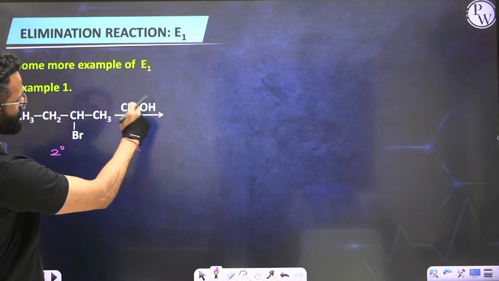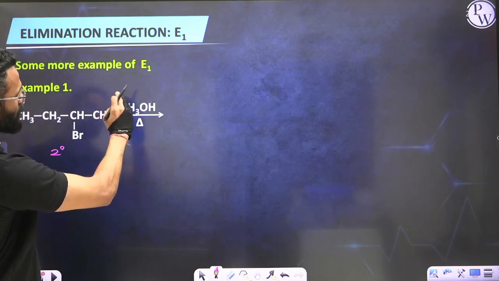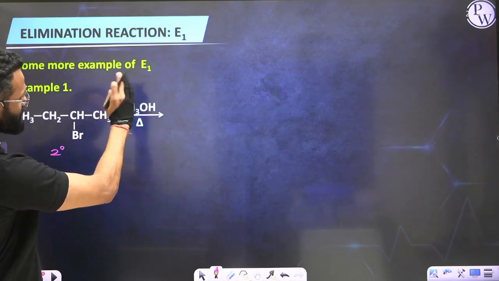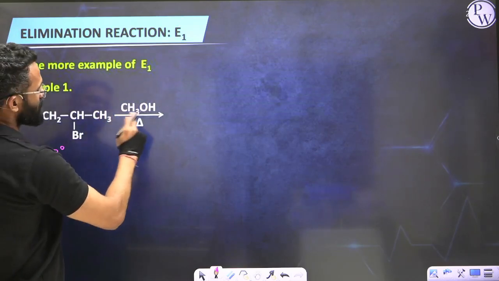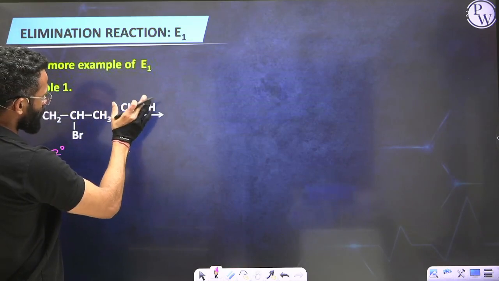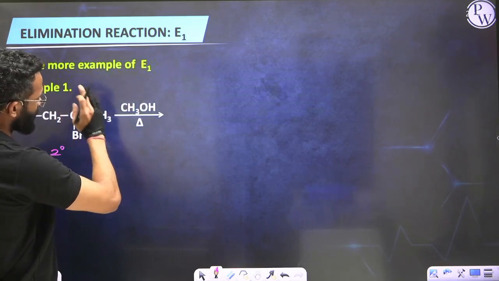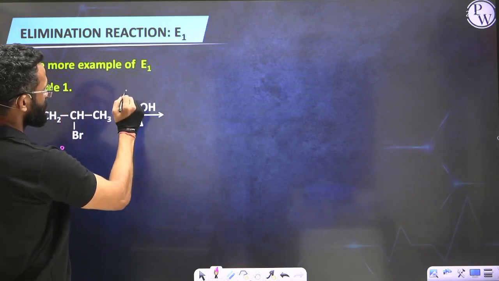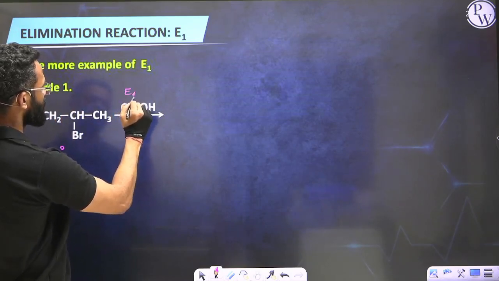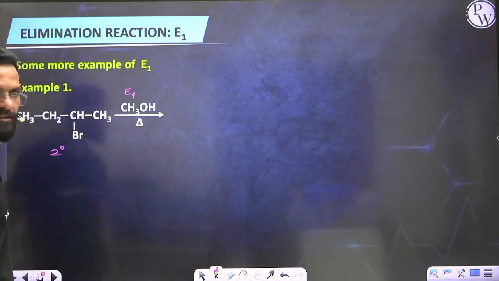But because this is neutral, neither SN2 nor E2 will take place. So the only two options left are SN1 and E1. So a solvent can carry out SN1 or E1 reaction mechanism. But now since heat is mentioned, we know that this is going to follow E1 reaction mechanism.